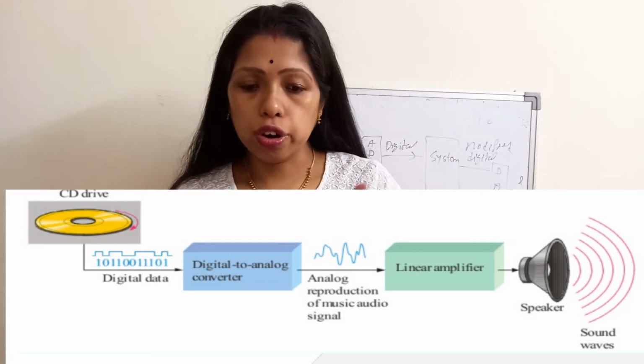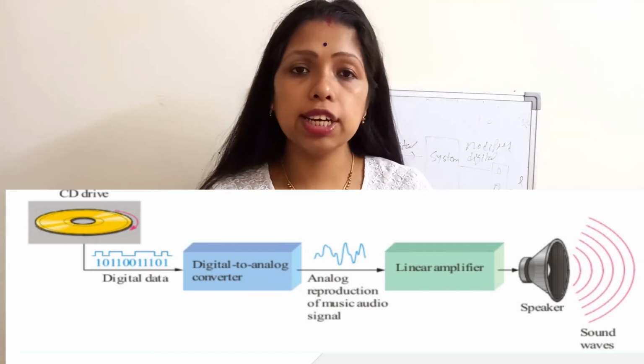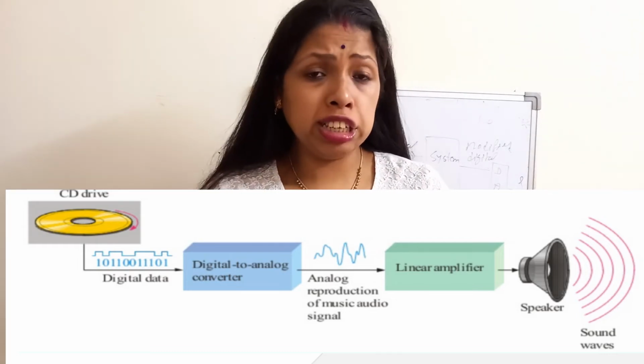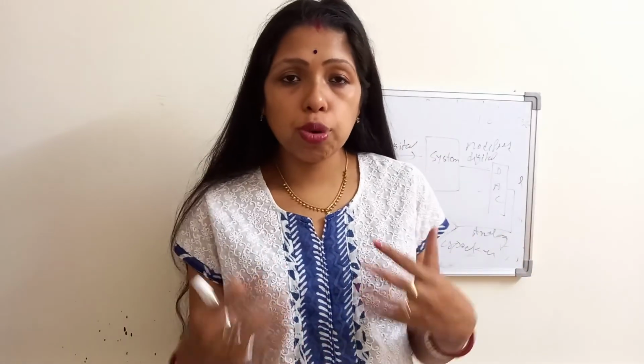Whatever information is stored inside the system is digital information. If we want to deal with that information, then we need the analog form. So there is interaction between the real world and the system, and if you want that information to interact with humans, analog information is required.